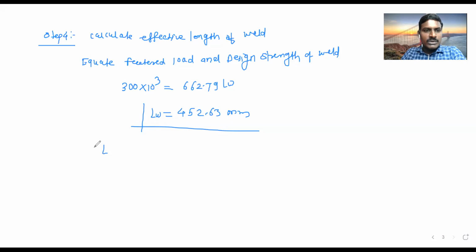But here LW is equal to 2 into L1 plus L2, whatever I have written. Is this correct or wrong?